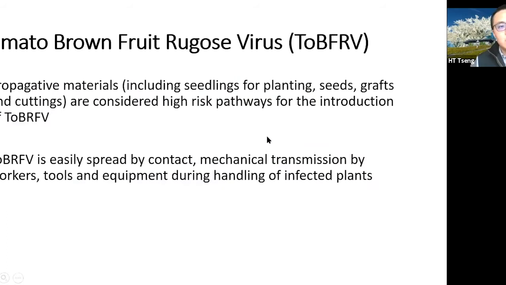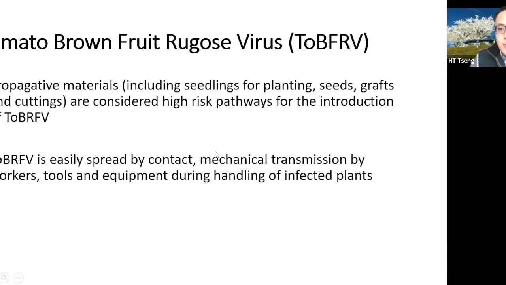Okay, so this virus spreads particularly through mechanical transmission. So all the handling you may do when you are processing your tomatoes, specifically in greenhouse conditions. And propagation materials, including seedlings, seeds, or cuttings, are considered a high-risk pathway for introducing this new virus. Again, it spreads by contact.